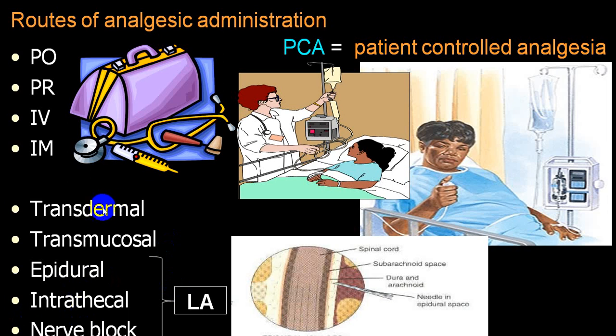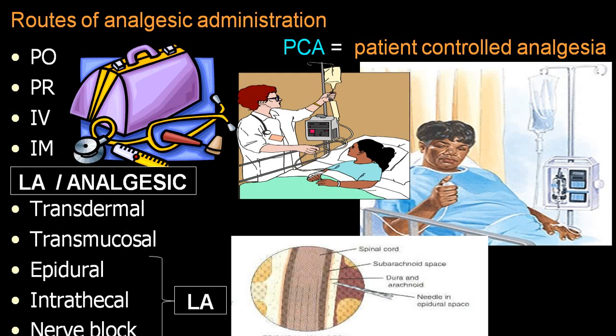Local anesthetic, transdermal, transmucosal, can be local analgesic, can be other drugs also. Opioids are available as transdermal patches also. So depending upon the need, local anesthetic and analgesic may be available in the form of transdermal, transmucosal, peroral, perrectal, IV, intramuscular, etc.